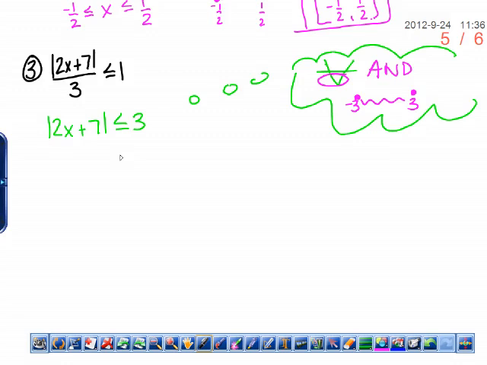So I'm just going to keep reminding you that it can be an open circle. But both of them would be open. They're either both going to be open or they're both going to be closed. Good. Okay. So then I come down here, and I rewrite this as an and. So I take my inside, my 2x plus 7, and it's got to be between 3 and -3. So it's got to be less than 3, and the inside's got to be greater than -3.